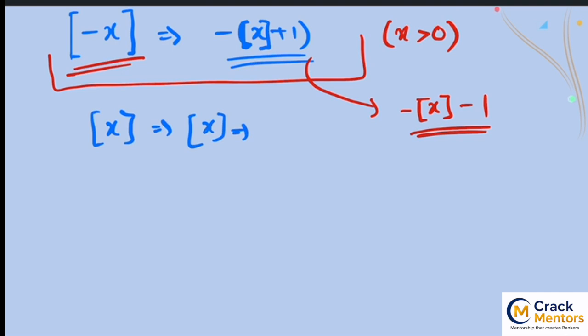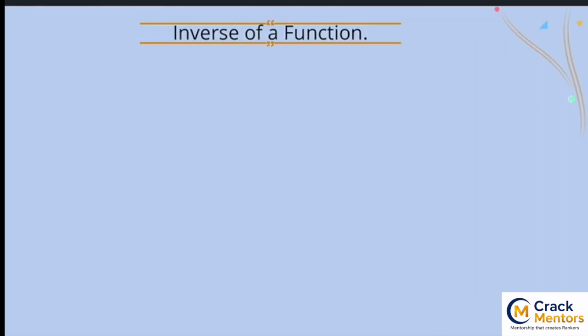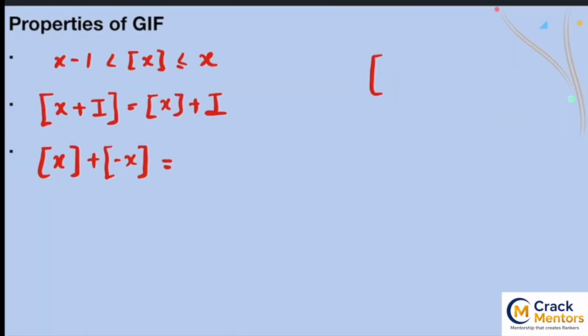So we can directly write its value. We can write it as this minus this minus this. What will it be? Minus 1.